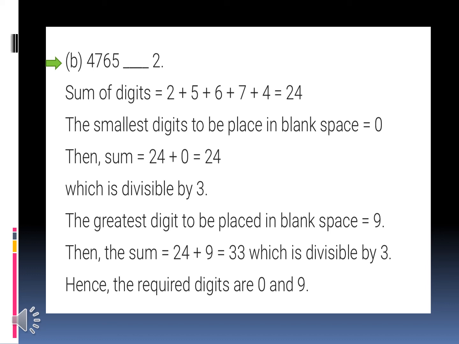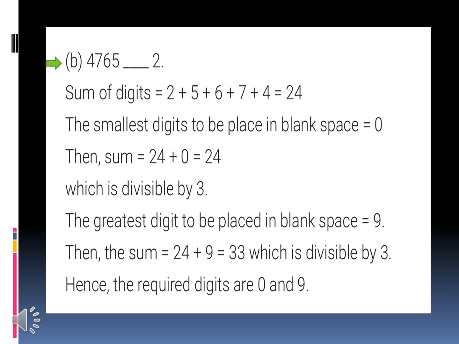So placing the digits one by one, after placing them in order, I find out that the greatest digit that can be placed in the blank is 9. If you see, 24 plus 9 is 33, right? 33 is divisible by 3. So the required digits are 0 and 9.